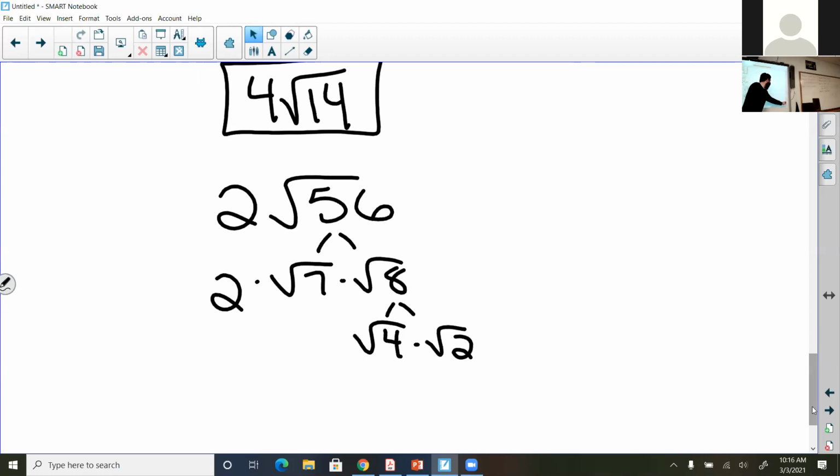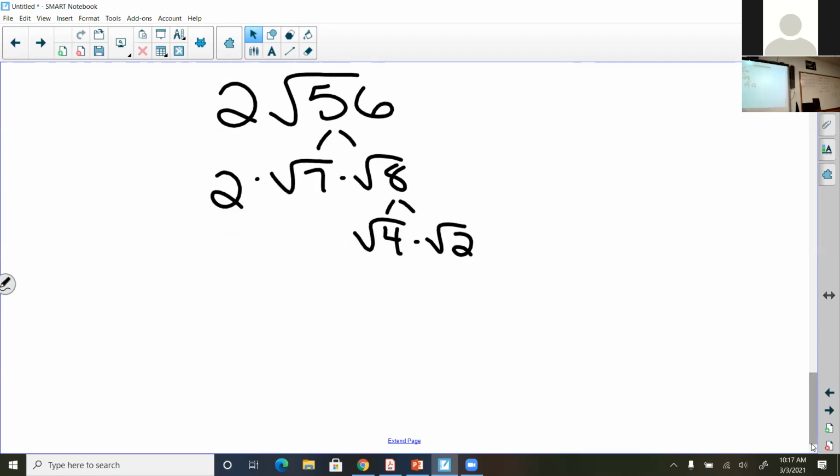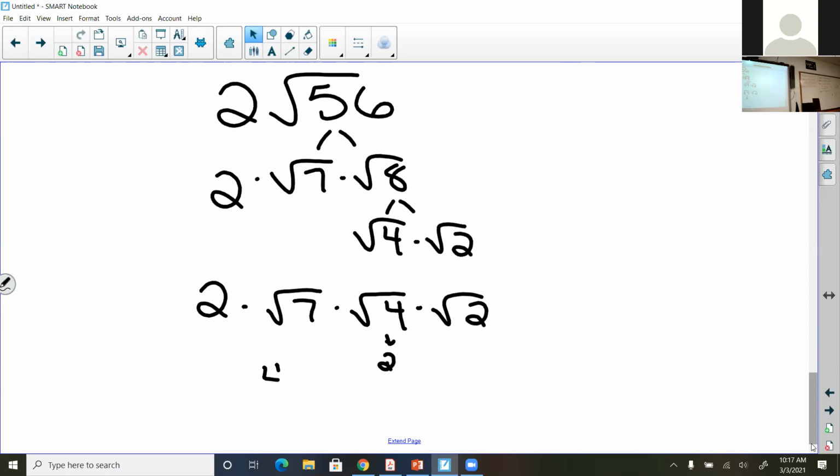And so what I'd be left with is 2 times the square root of 7 times the square root of 4 times the square root of 2. Now this square root of 4 will become 2. So 2 times 2 is 4.